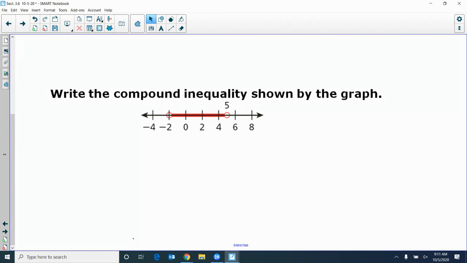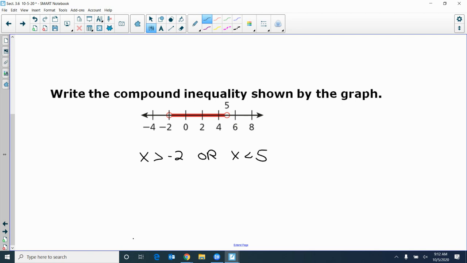All right. Write the compound inequality shown by this graph. Zane, any ideas? Yeah. We got X is greater than -2, or X is less than 5. Okay, he's close.